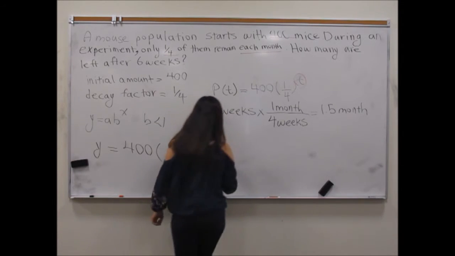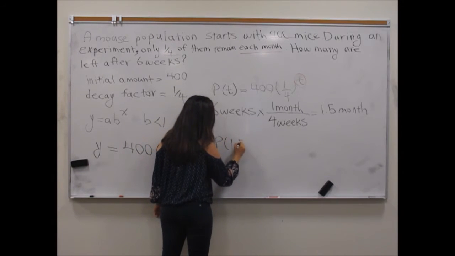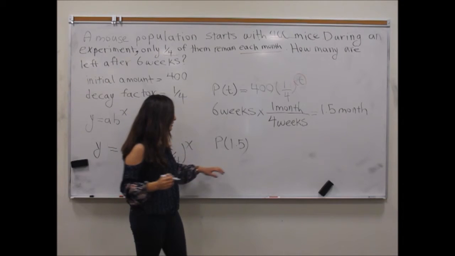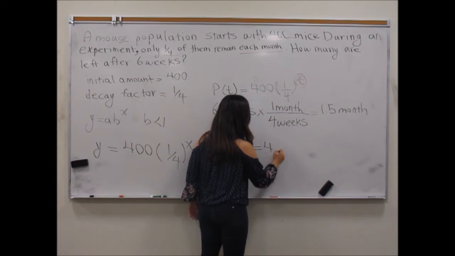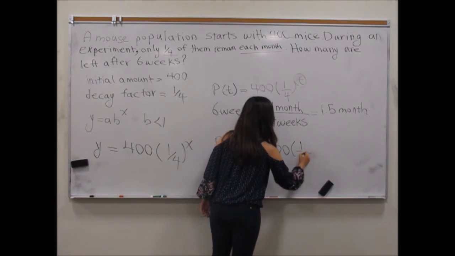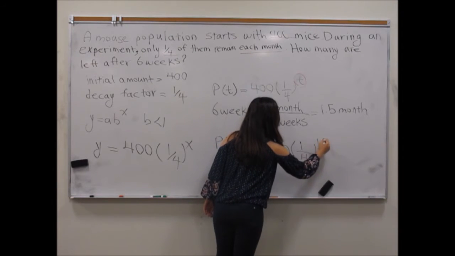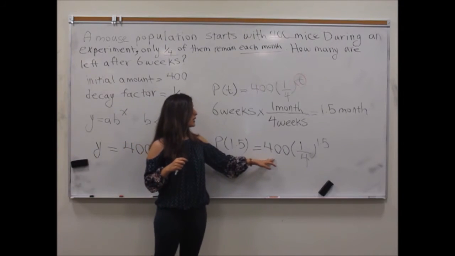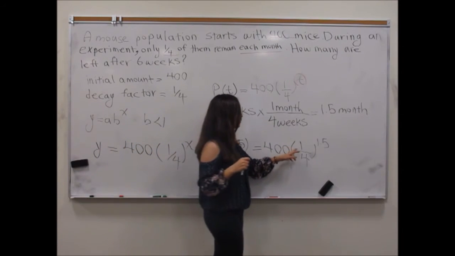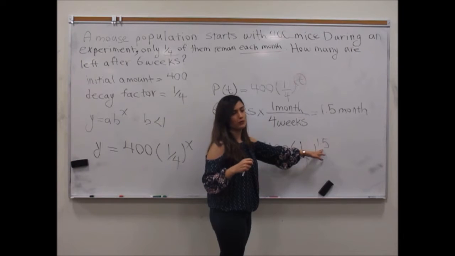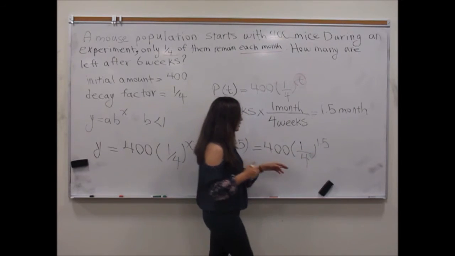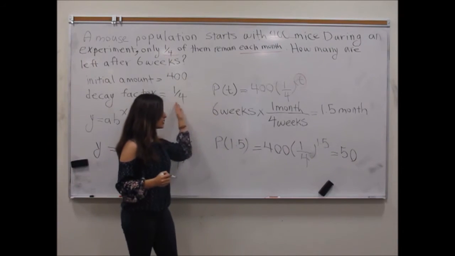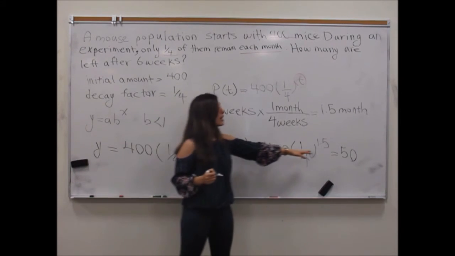So in my model, I'm going to have the population after 1.5 months: 400 times 1/4 to 1.5. If you plug this into your calculator, 1/4 to 1.5 and then times 400, you're going to get 50. That means after 6 weeks or 1.5 months, you're going to have 50 mice.